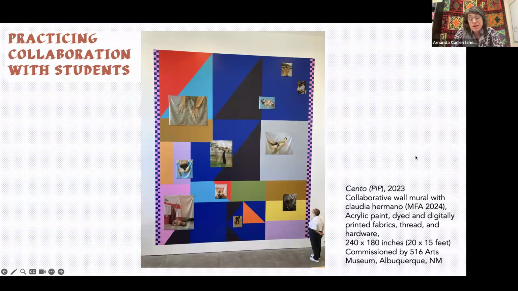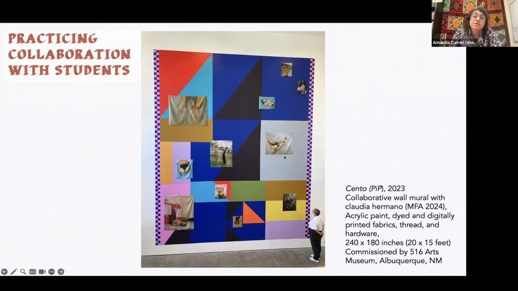I wanted to include this, because this is how I think about textiles too, not just loom-based. I collaborated with a recent grad from our program here at UNM, Claudia Hermano, and we called this our big gay quilt. It's called Cento PIP, for picture in picture. Claudia, we wanted to see if painting could hold picture.